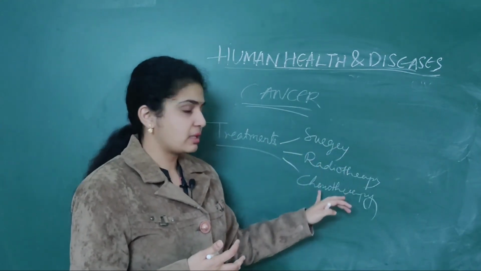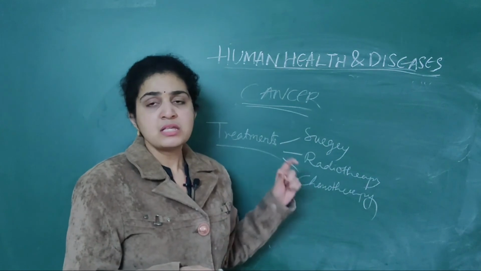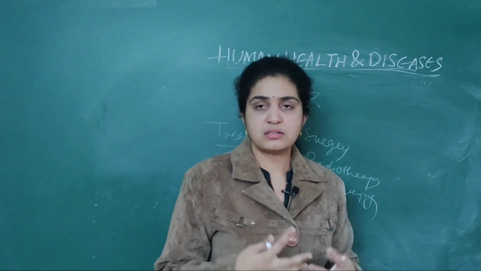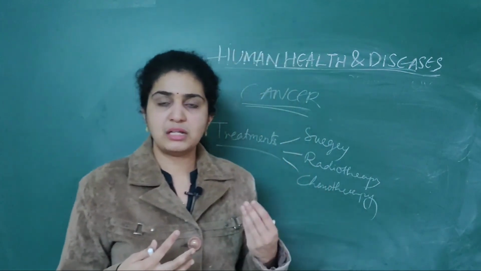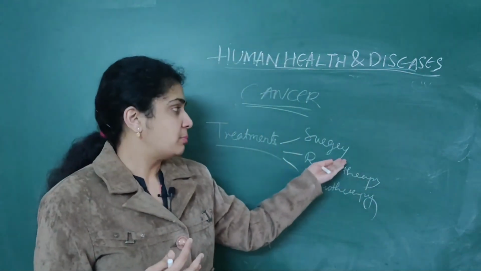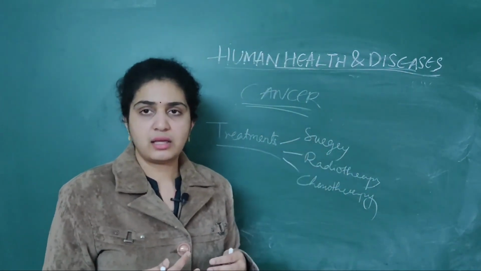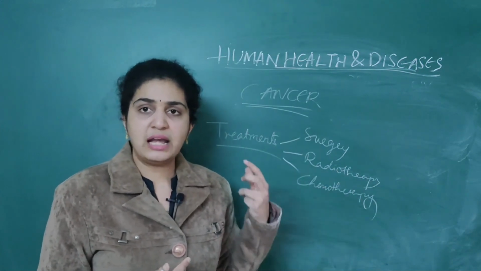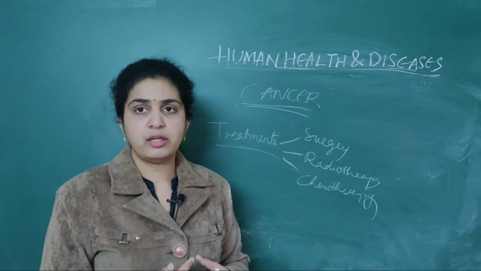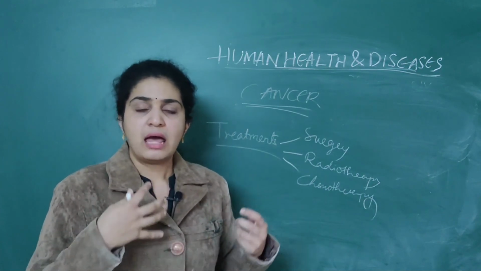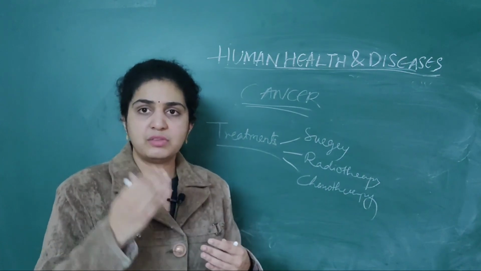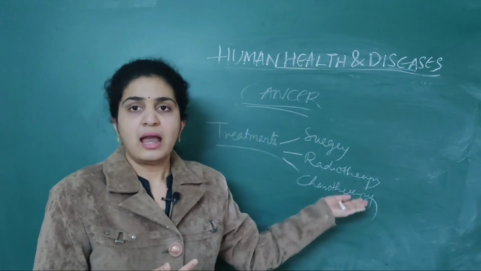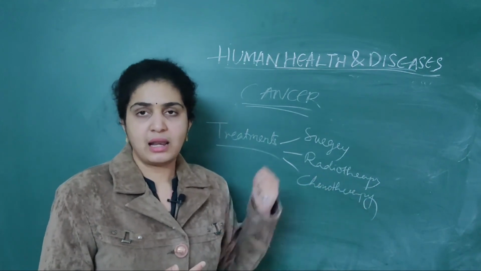Surgery, radiotherapy, as well as chemotherapy. Surgery is generally performed in very large cases. If the person is suffering from lymph node cancer, for example, surgery is undertaken. In radiotherapy, radiation is sent to the body, and the tumor will die due to the radiation, and the person will stay alive.